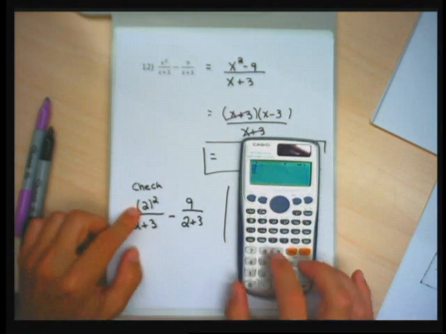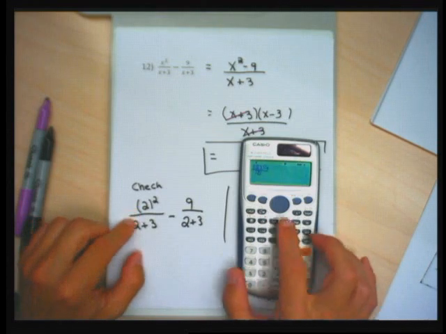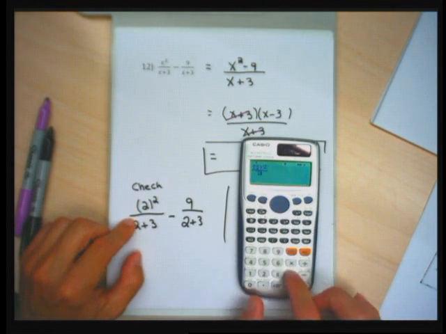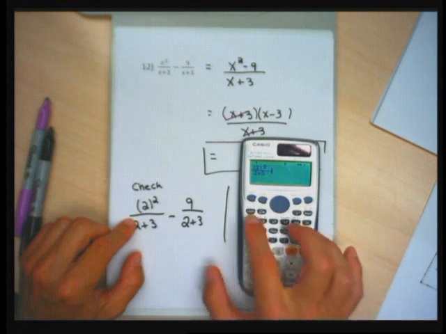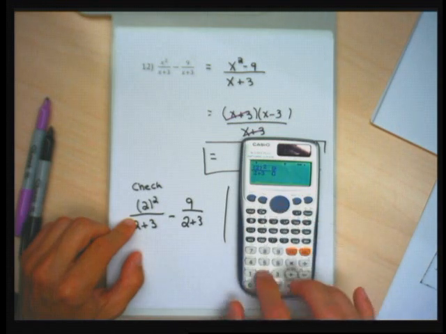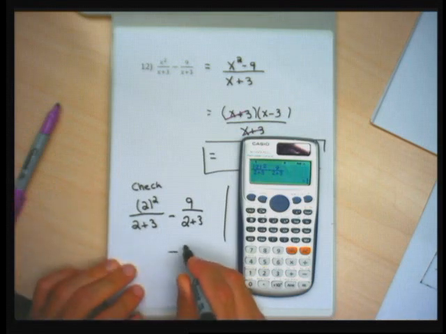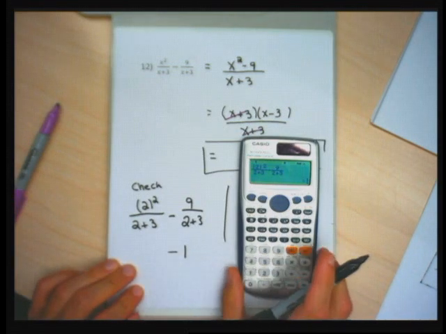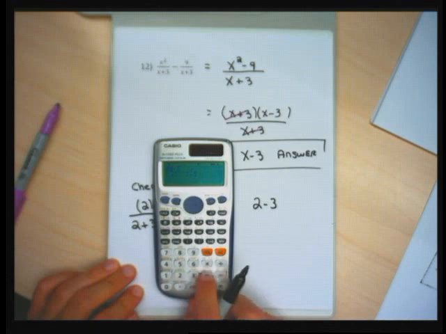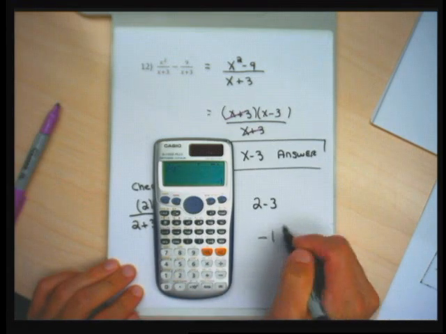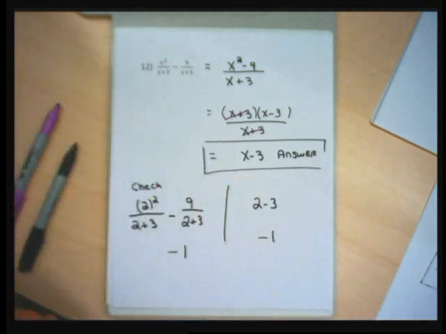So first, 2 squared over 2 plus 3 minus the fraction 9 over 2 plus 3, and when I do that, I get negative 1. For the other half, if I do the 2 minus 3, I get negative 1. Because my answers are the same, I feel good about my answer.